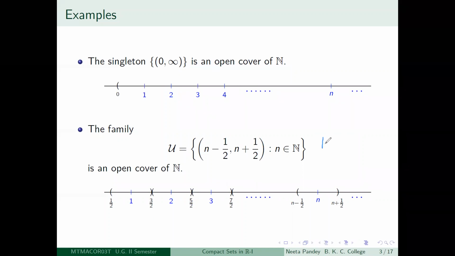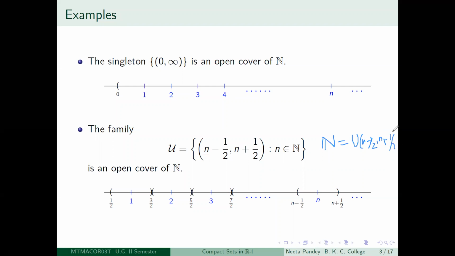So I have n, and in the second example, n is contained in the union of n minus half to n plus half, where n is in the positive integers. This is what I'm trying to say. So it is not equal to, I will correct it. Just wait.